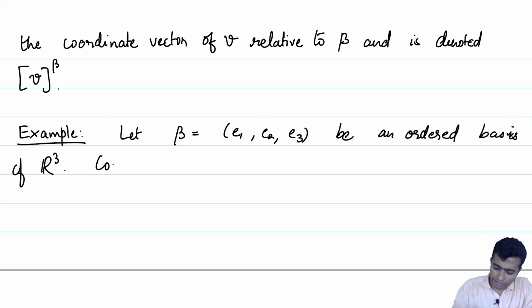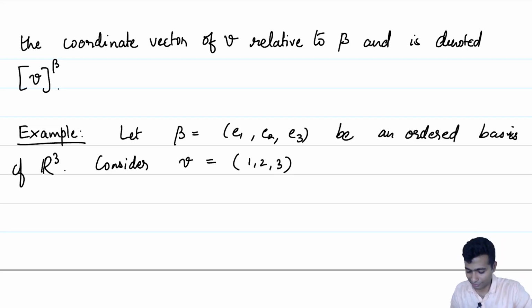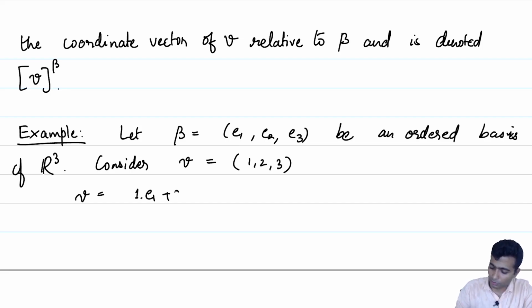So, consider a vector v. Let us arbitrarily take the vector 1, 2, 3, not the simplest vector, but a very simple vector. What is v in terms of E1, E2, E3? v is then equal to 1 times E1 plus 2 times E2 plus 3 times E3.